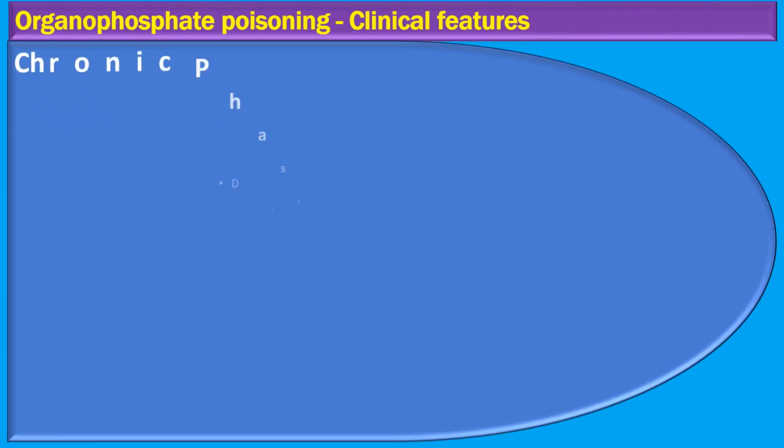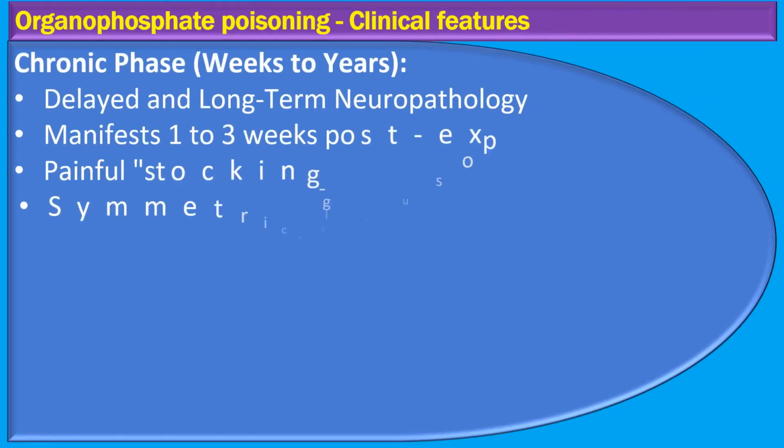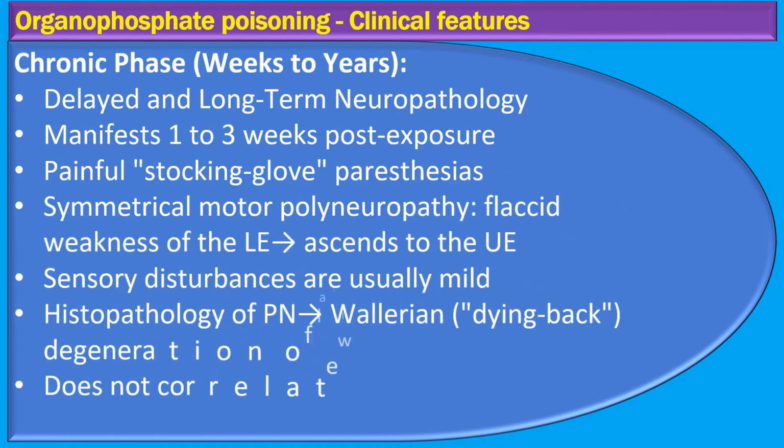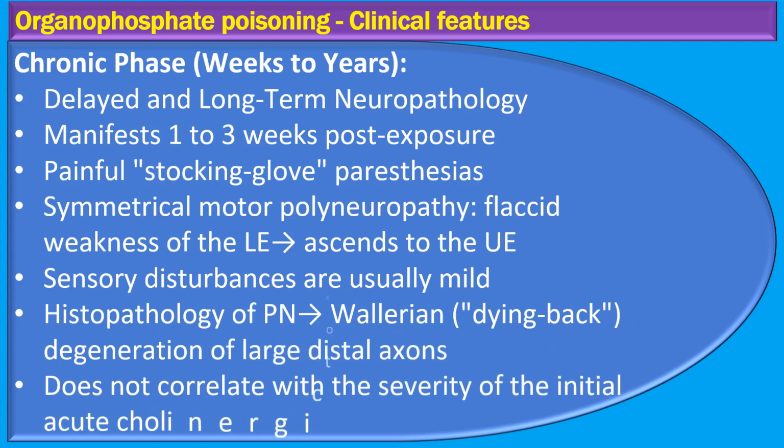Lastly, on the clinical pictures of organophosphate poisoning, let's consider the complexities of delayed and long-term neuropathology. This condition unfolds over a span ranging from weeks to years. A notable example is the neuropathy induced by certain organophosphorus agents, such as chlorpyrifos, which manifests 1 to 3 weeks post-exposure. Interestingly, carbamates are seldom linked to this condition.